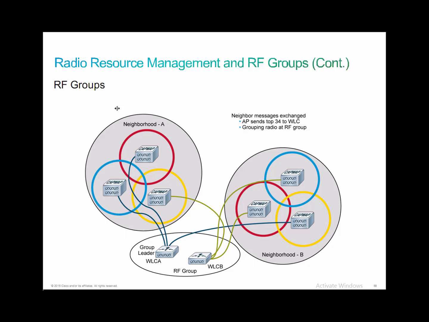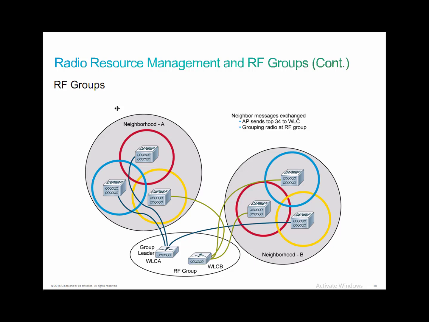Each AP then compiles and maintains a list of up to 34 neighboring APs per radio. So on the 2.4 gigahertz side and the 5 gigahertz side, and then that information gets reported up to their respective controller.